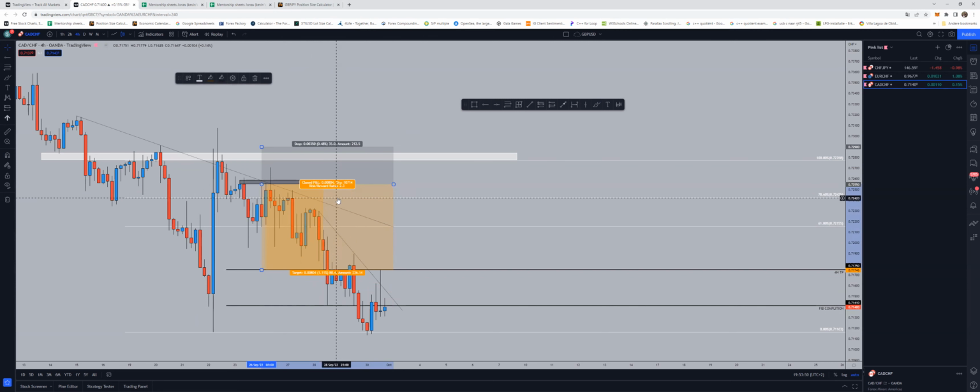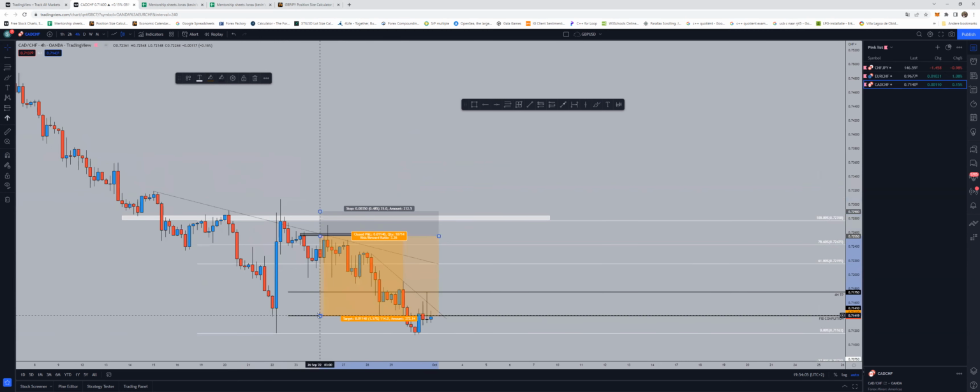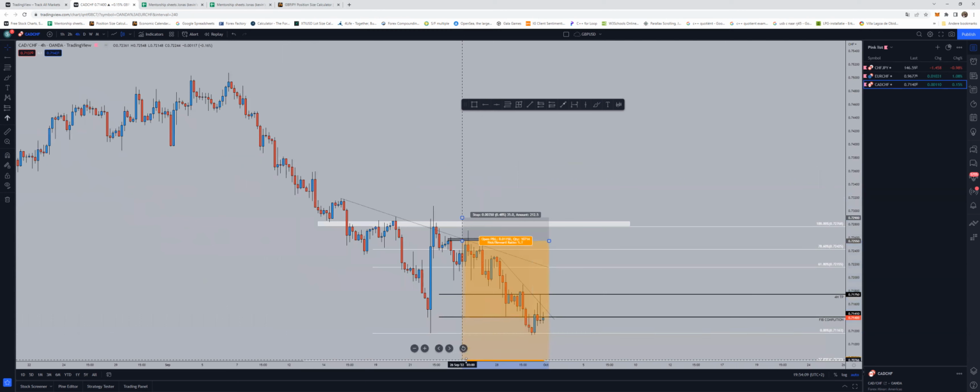So I took 25% out there. Then at the second take partials, because we are running over 3%, I took around 65% out, and now I'm still running 10% to the daily TP.